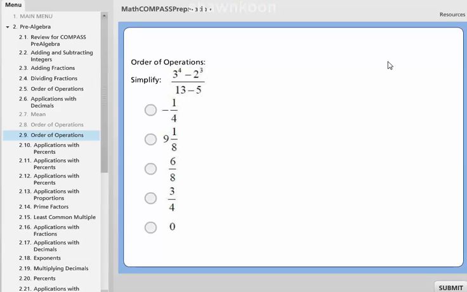Okay, so 2.9. It says 3 to the 4th power minus 2 to the 3rd power, and divide all that by 13 minus 5.